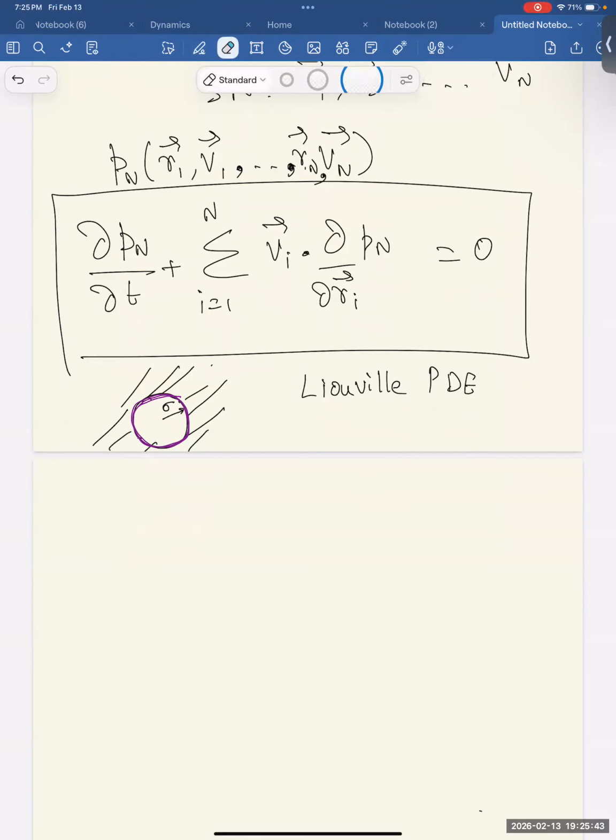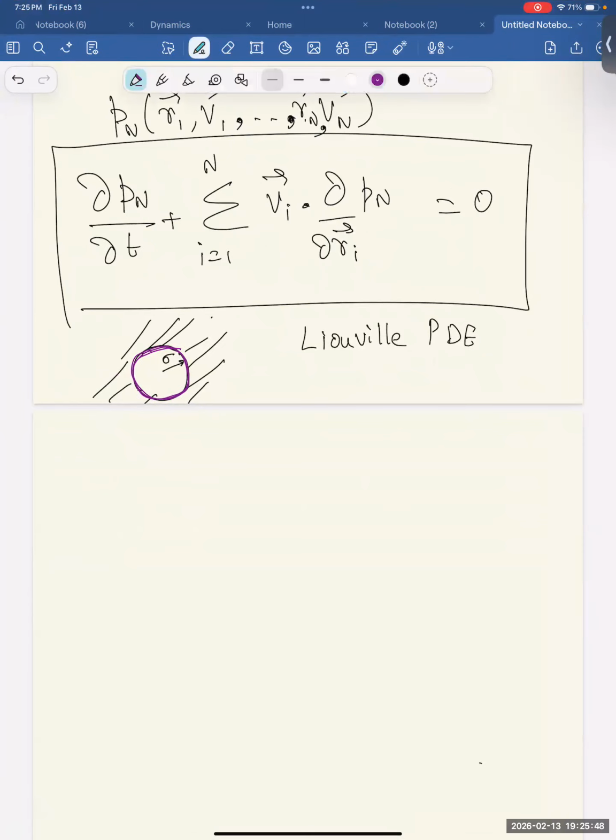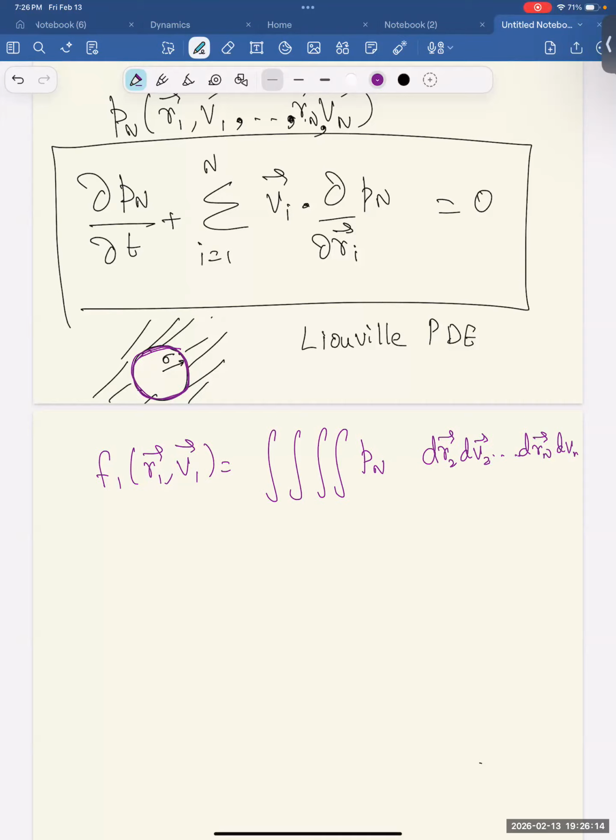Then what we did is we defined the one particle marginal F1 of R1, V1, which is basically you integrating your Pn over all of those other variables, dr2, dv2, and all the way to drn, dvn.